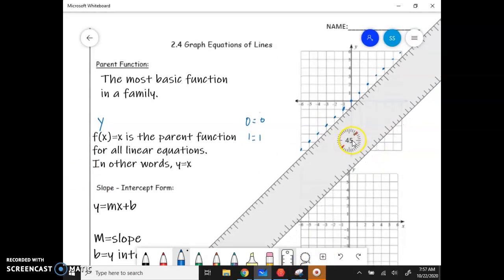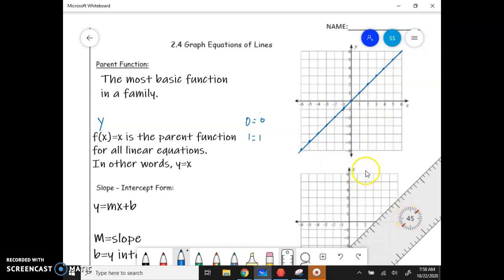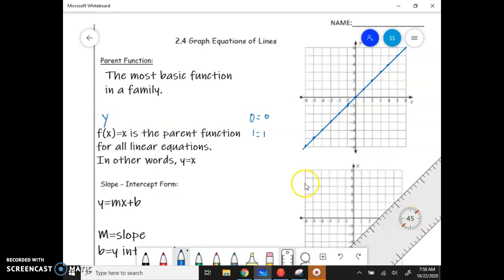This probably won't be perfect, but it should be close enough. Here is the parent function plotted out. All right, so there it is, graphed out as a line. That is the parent function. So we're going to be comparing our lines to this parent function.